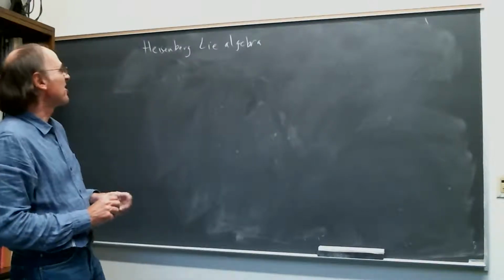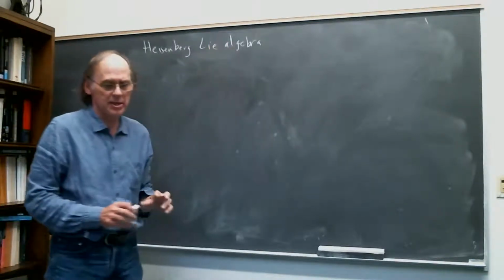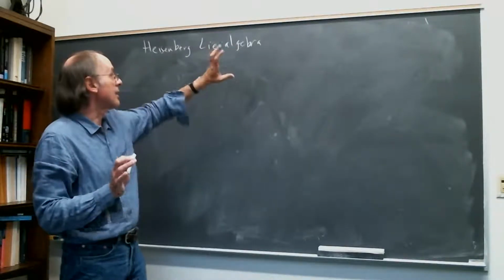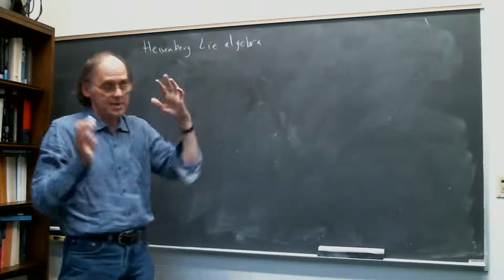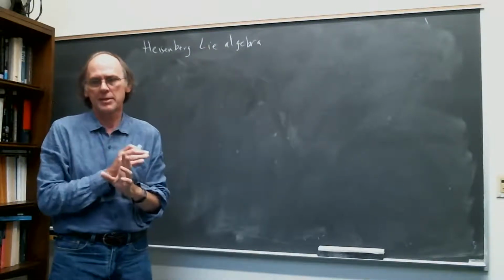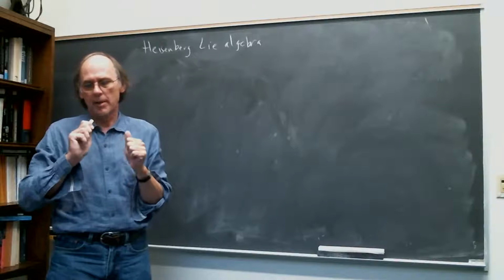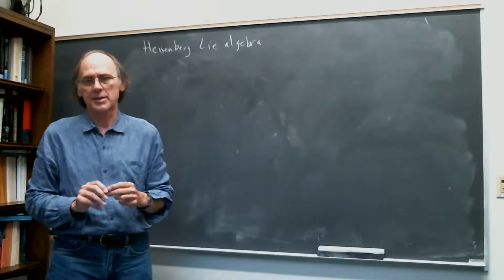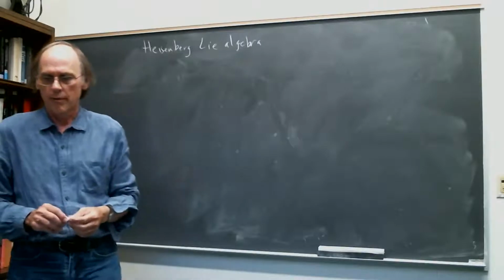But the simplest way to think about it is maybe as an abstract vector space with a basis, where the bracket is defined on the basis elements, and thus on the whole vector space.